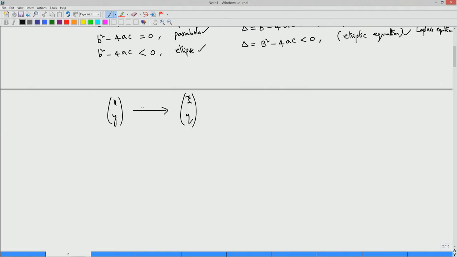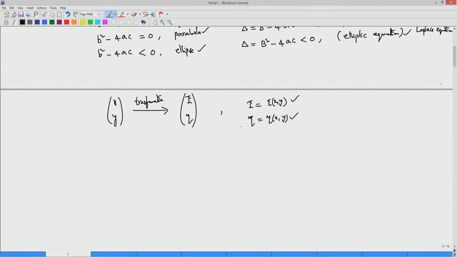This is the change of variables transformation. When you go from x, y to xi and eta, xi and eta are functions of x and y, and eta is equal to eta of x, y. So, this is how you look for new variables.